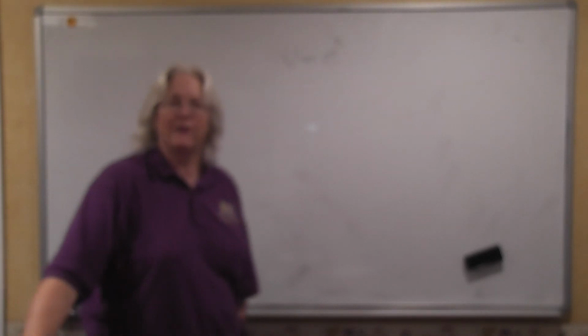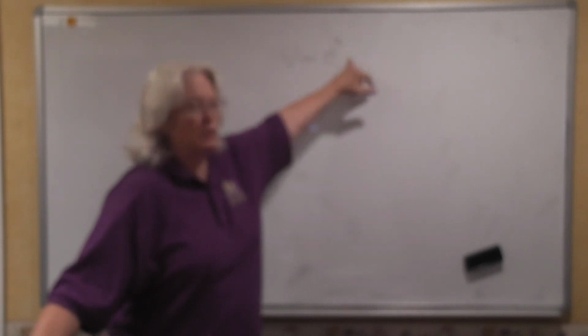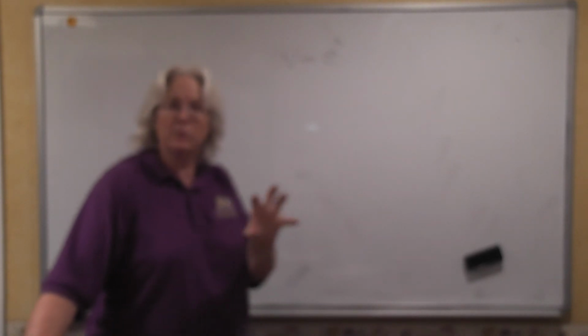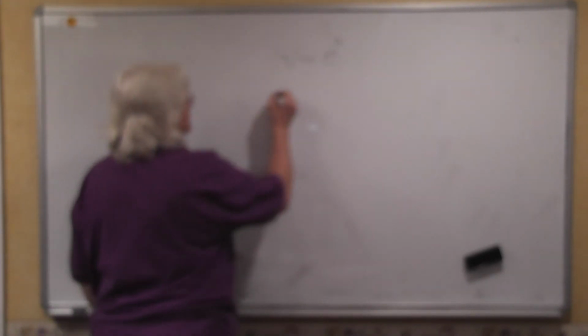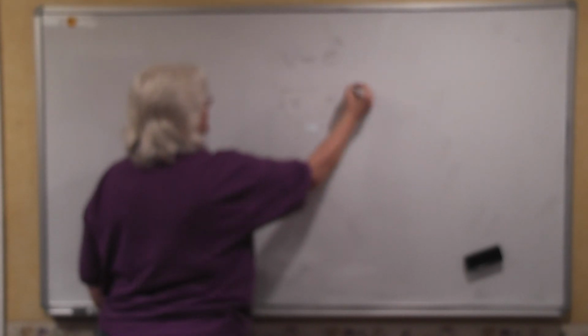And they want us to find the value of E. E has been cubed. What's the inverse operation of cubing something? That is taking the cube root of both sides of this equation.